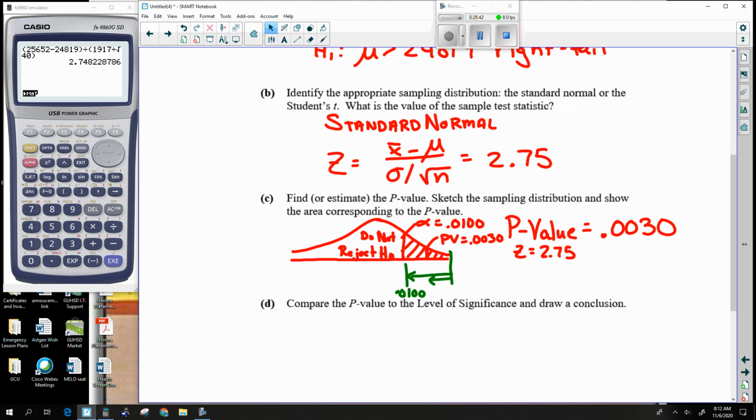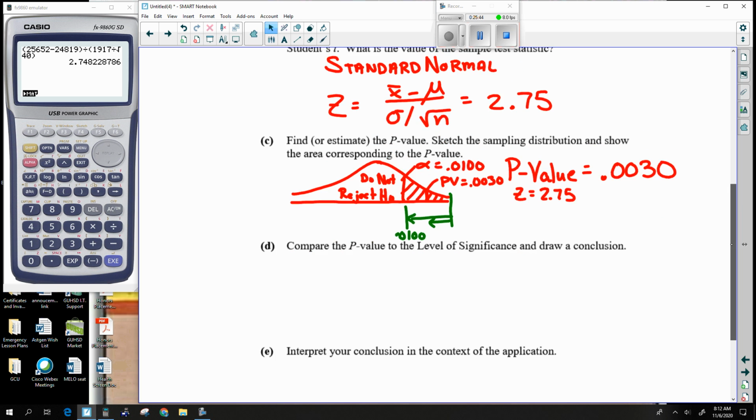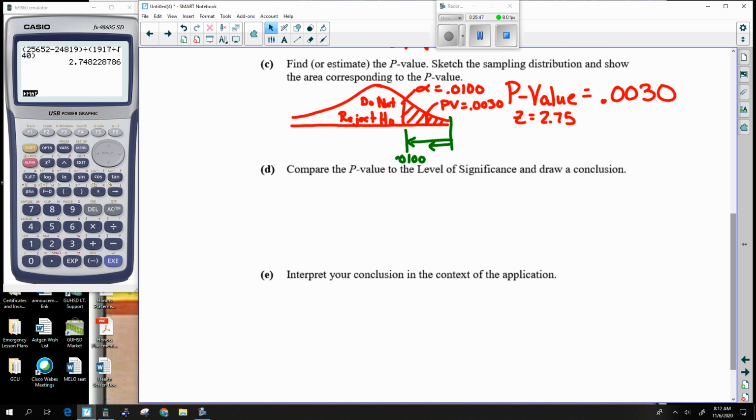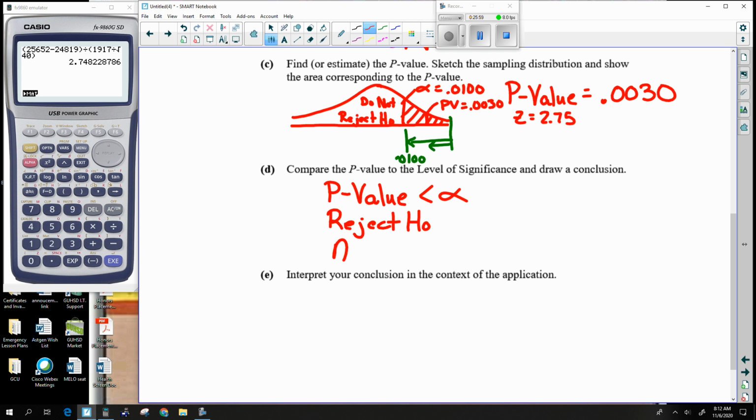What does that mean? That means the p-value is less than alpha, thus I reject H naught. And if I reject H naught, that means I have to accept H1. When this is my conclusion, this is exactly what I have to say.